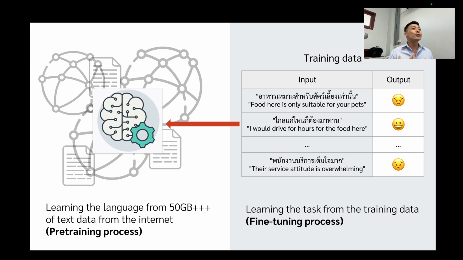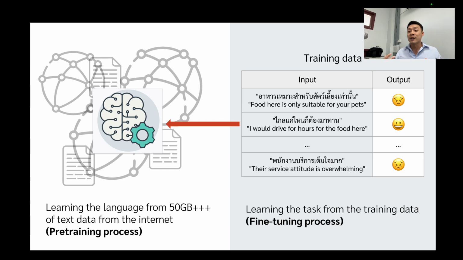How to train it to do specific things? You use the training data. So you combine it with supervised learning. But you don't start from zero. You start from a model that knows something about the language already. So if you've seen computer vision before, that's exactly what they do as well. So you have a model that knows something about the visual world, how to recognize some objects, and then you can train it to recognize some specific objects.